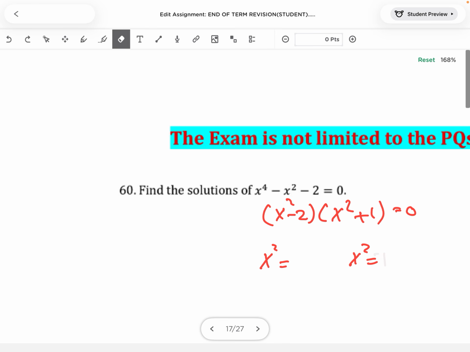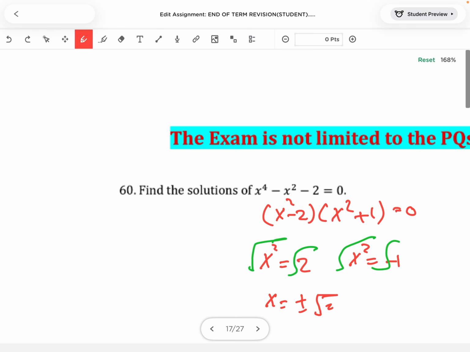These two: 2 here or minus 1 there. And I need X, so I'll take the square root. X will be plus or minus radical 2, because it has no answer, or X equals plus or minus 1. And these are the solutions. Next.